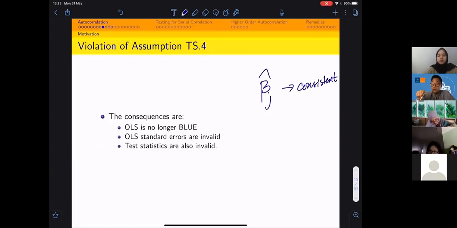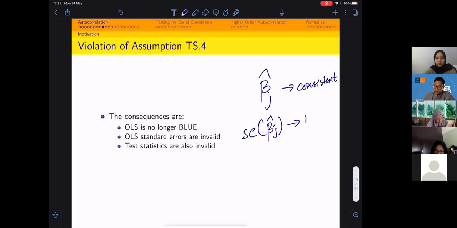That is, if you fulfill the assumptions TS1, TS2, TS3. However, in addition to estimating beta hat J, we're also interested in estimating the standard error of the beta hat J. Now, if you violate the no serial correlation assumption, then your standard error of beta hat J is going to be invalid.